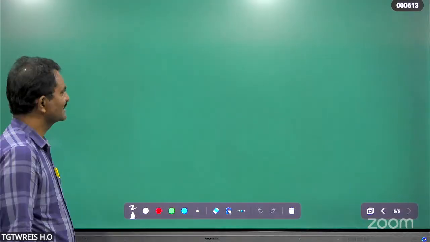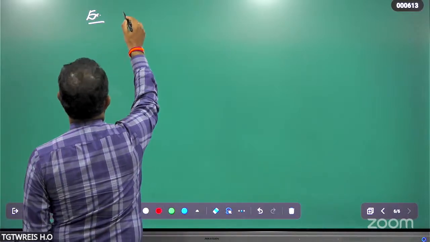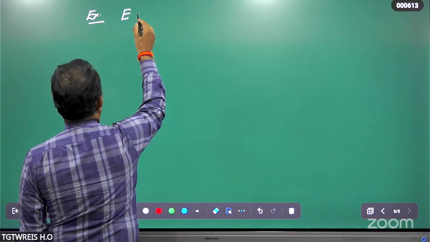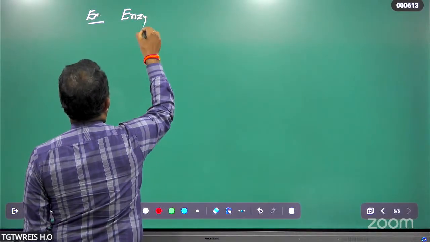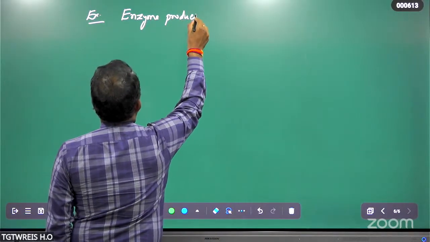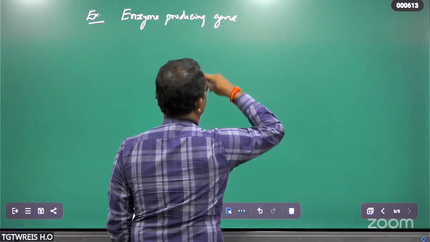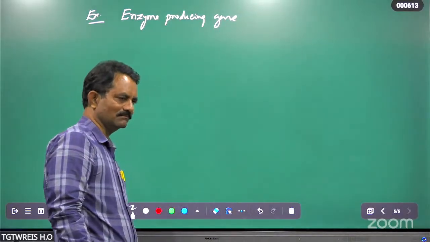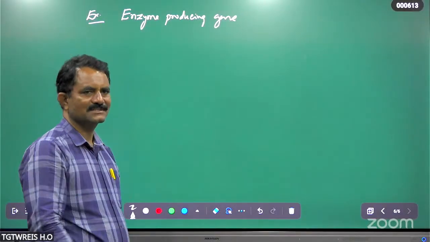Let's take the example of an enzyme producing gene. A gene can produce an enzyme, and the enzyme is the phenotype, the gene is the genotype.